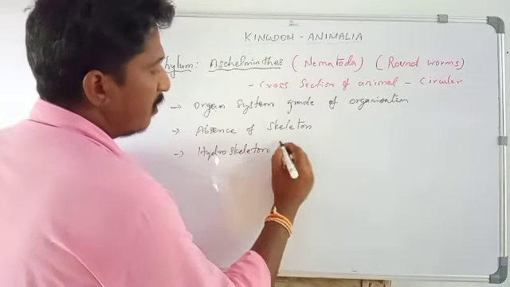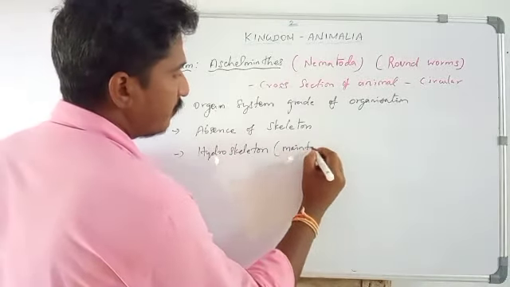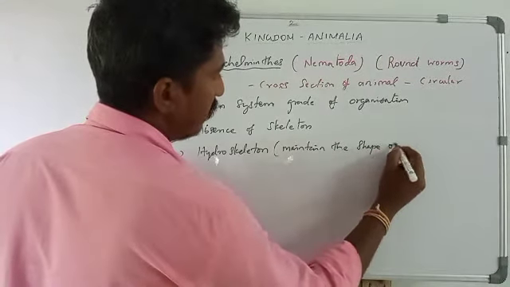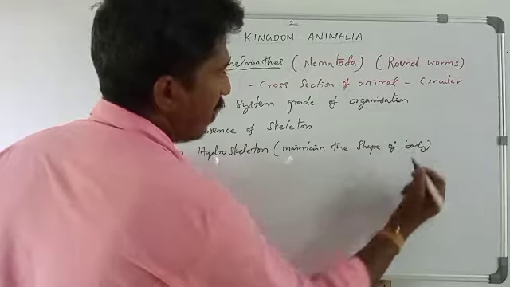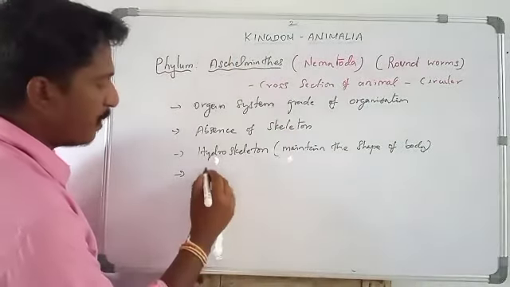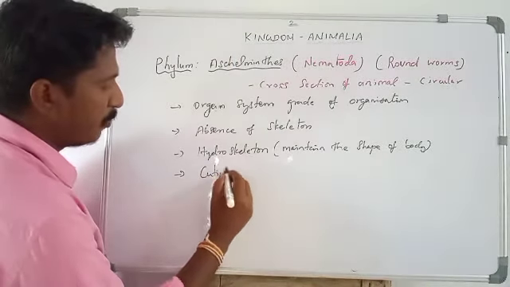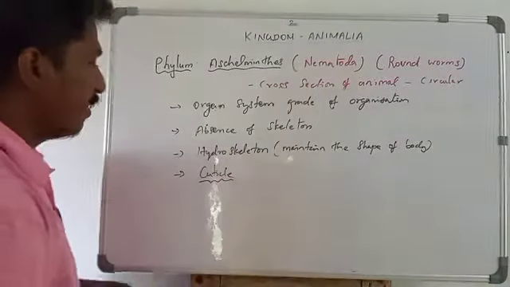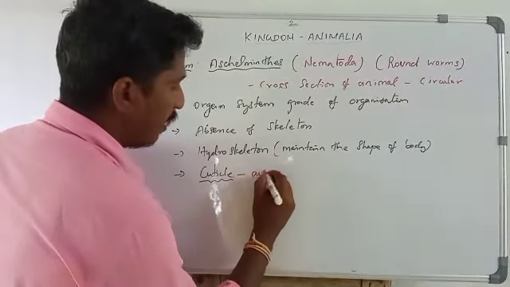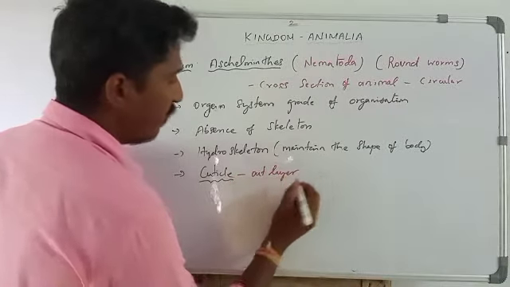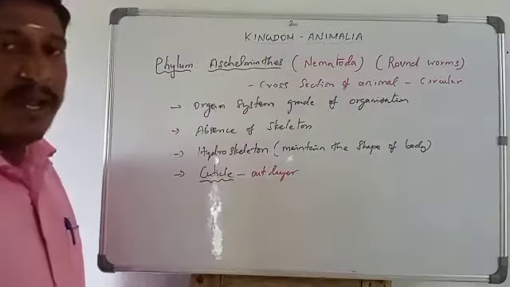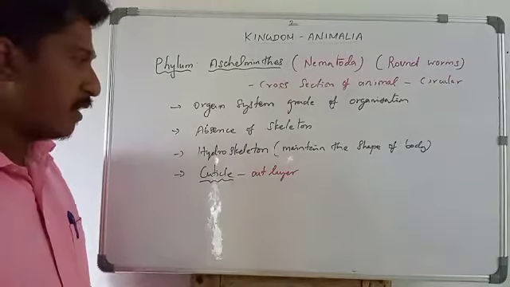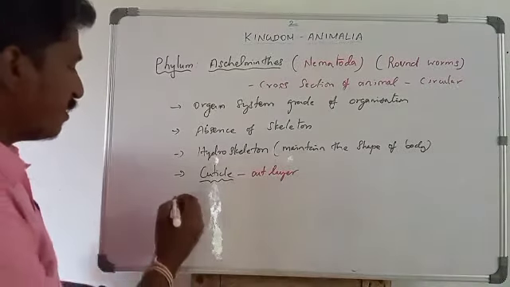The outer body is covered by a thick layer called the cuticle, an outer non-living layer. It covers the body.